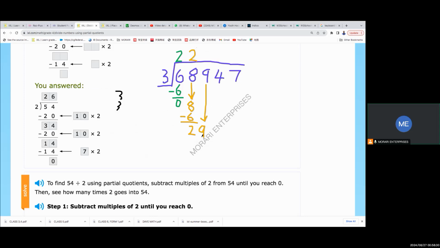So that's above 29. So we're going to end with 9 threes, which is 27. So there are 9 threes, right? And then you put a 9 above this.